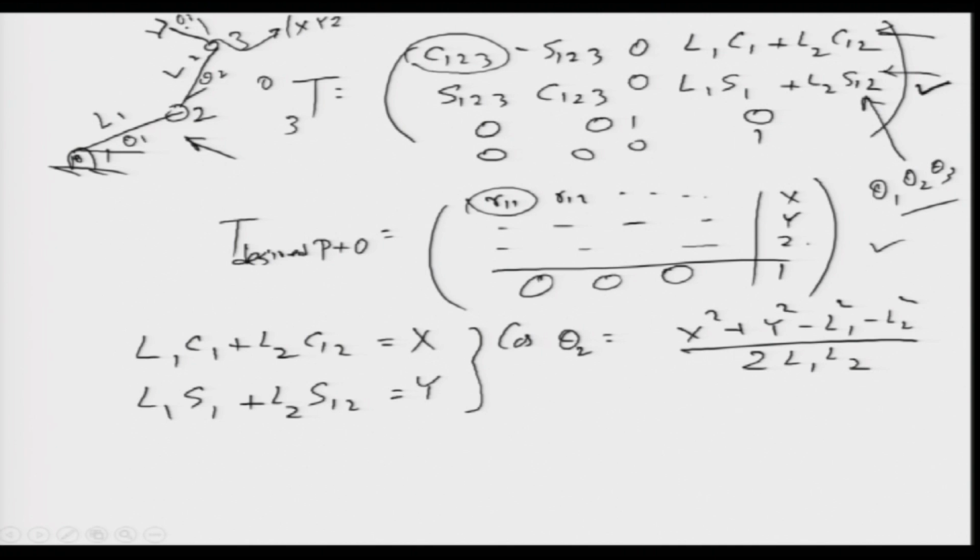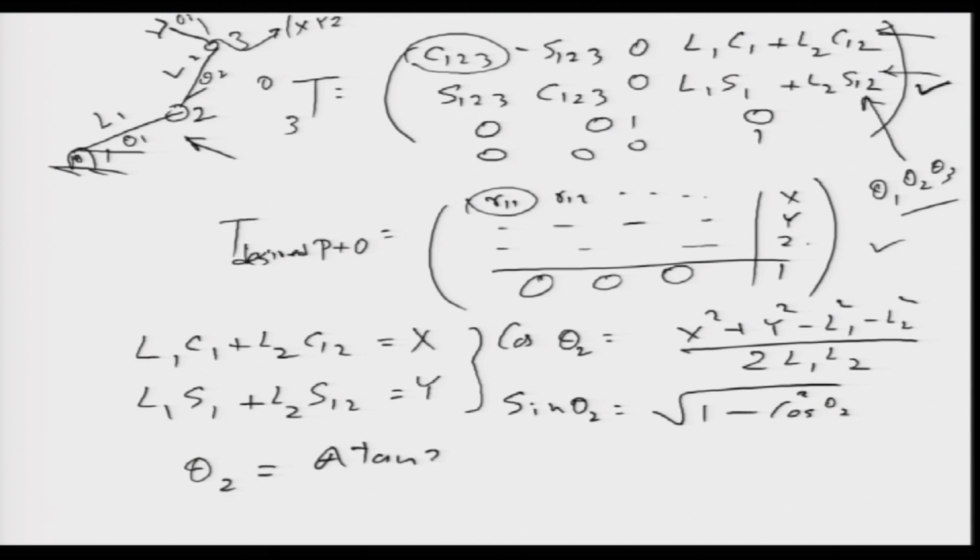Once we have this, we can find sin theta 2 as plus or minus root over 1 minus cos squared theta 2, and we use the function a tan 2. So, theta 2 is equal to a tan 2 of sin theta 2 and cos theta 2.